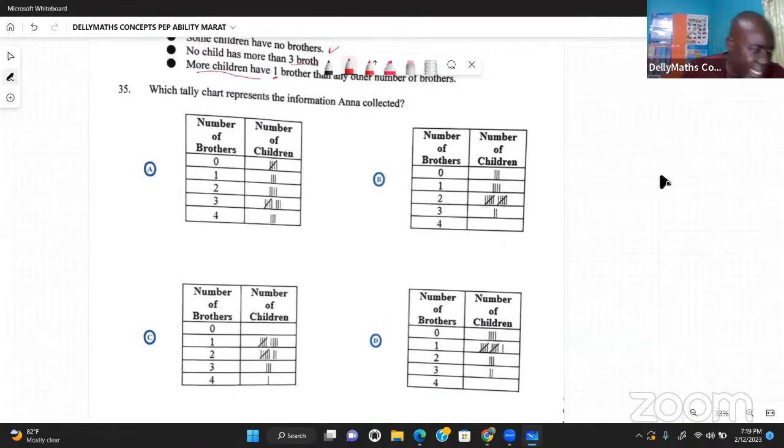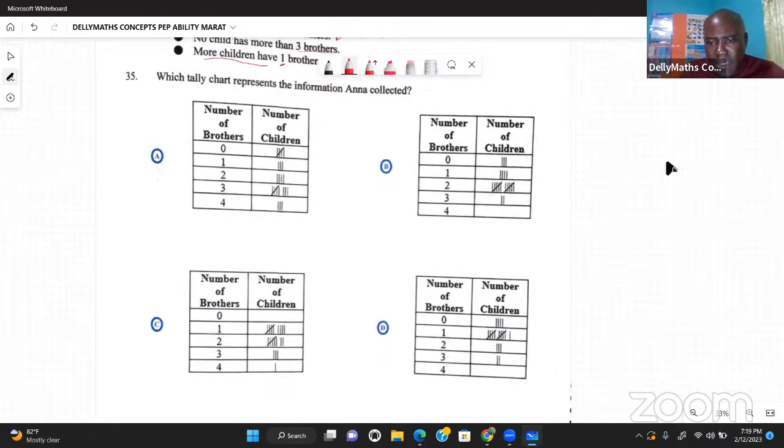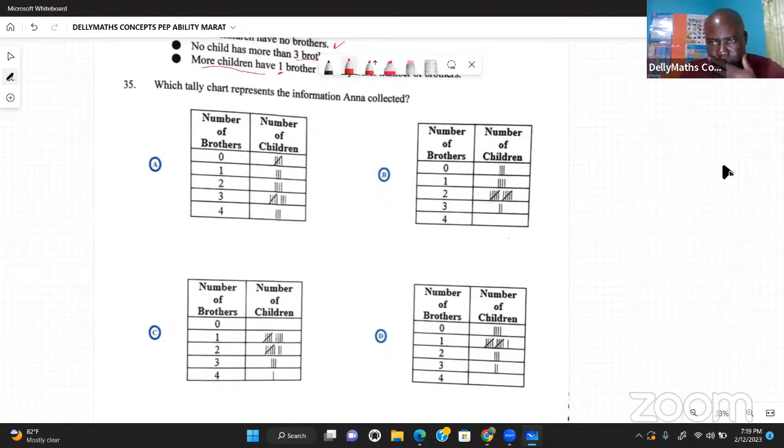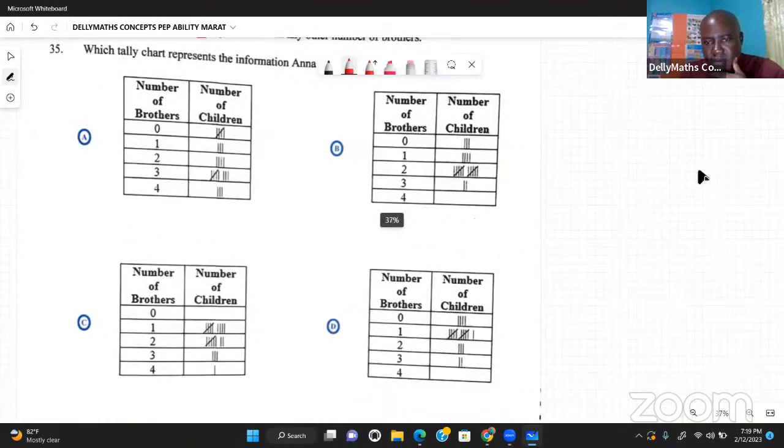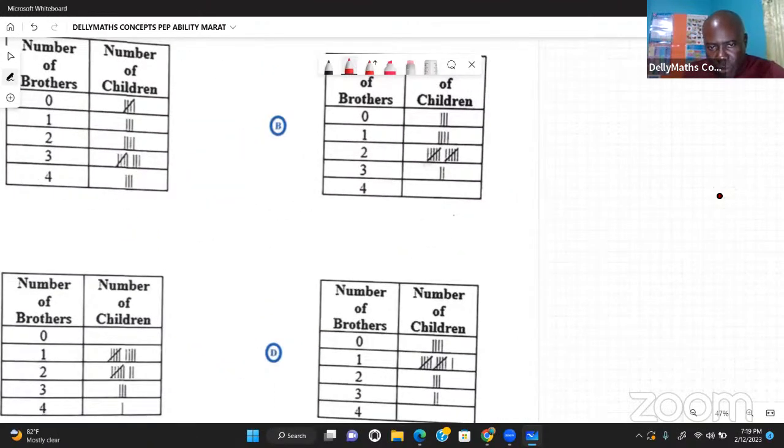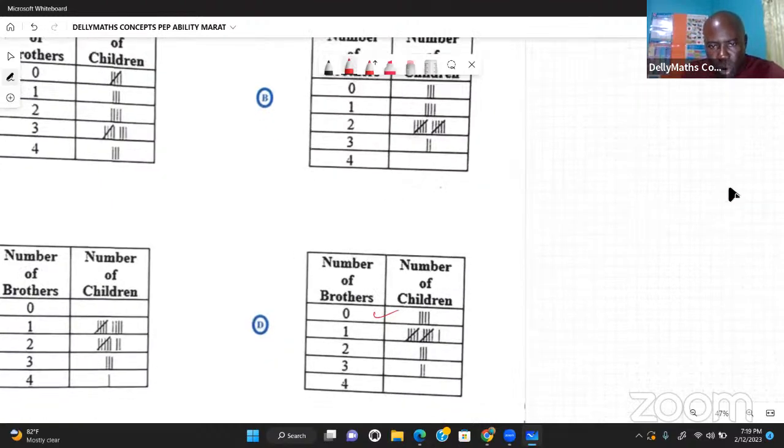Okay, I like D. I think D is the answer, because it says some of the children have no brothers. I'm seeing 4 children here with no brothers. This is good. 1 is the most, like 1 brother. We have 11 people with 1 brother, and we see nobody with 4.